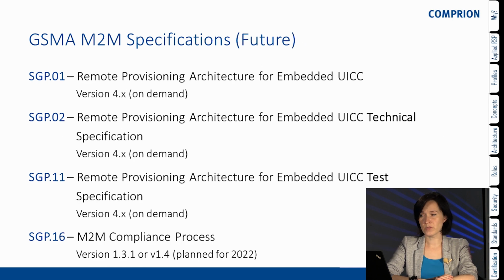What is planned in the future? Okay, we have the SGP01, again with the Remote Provisioning Architecture for Embedded UICC. The upcoming versions are already planned, so you can see them on the screen. By the way, we're trying to be very much on time. As soon as the specification is approved by the eSIM group, we try to put the date on the slides.